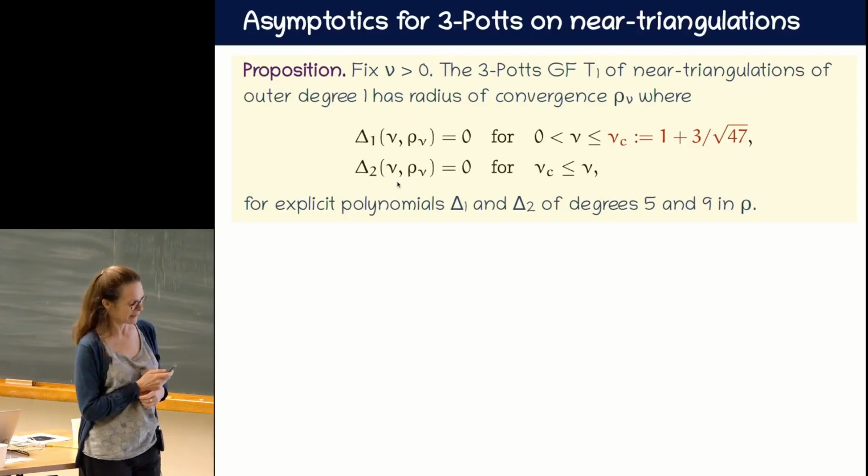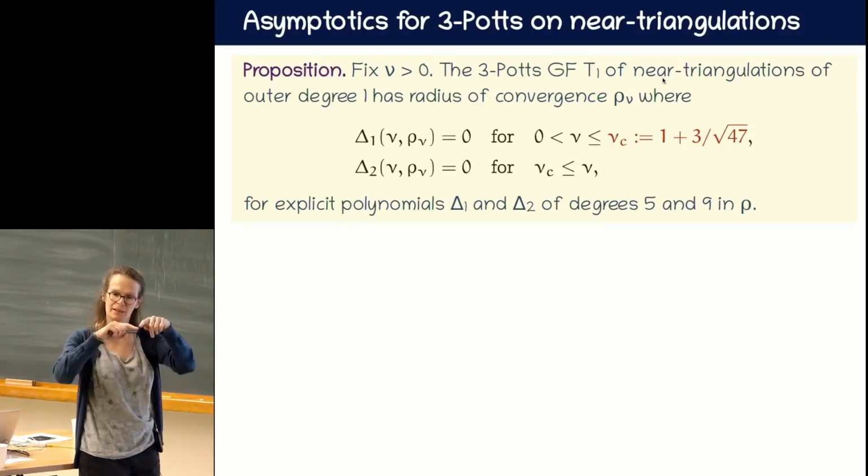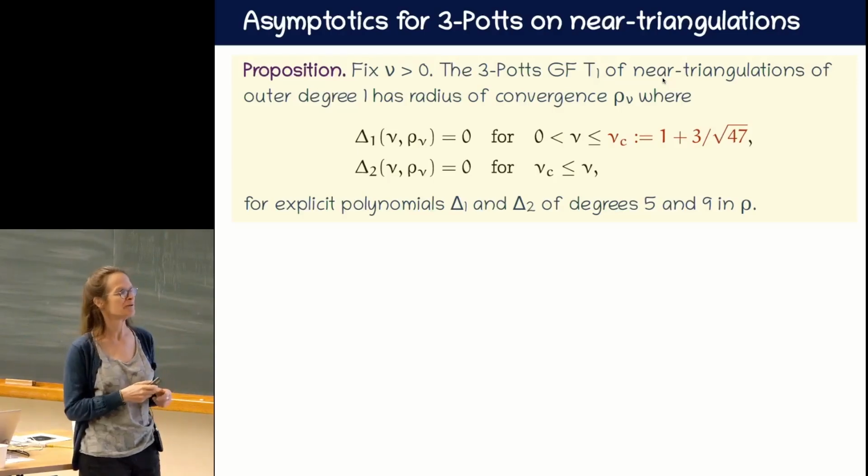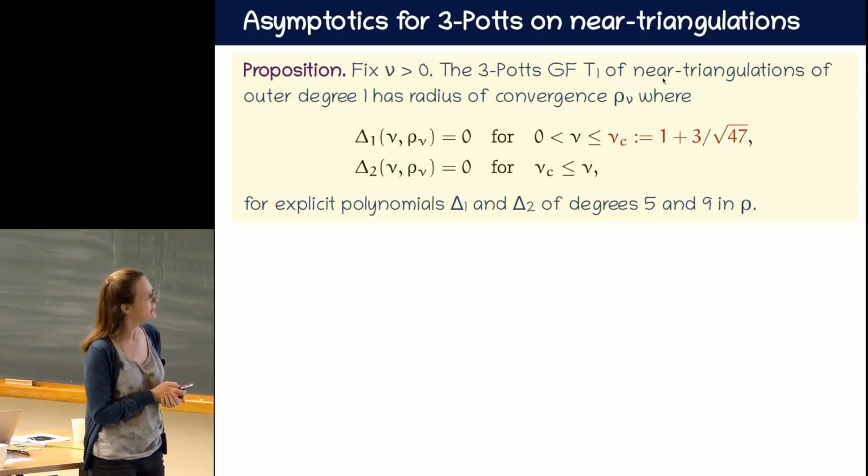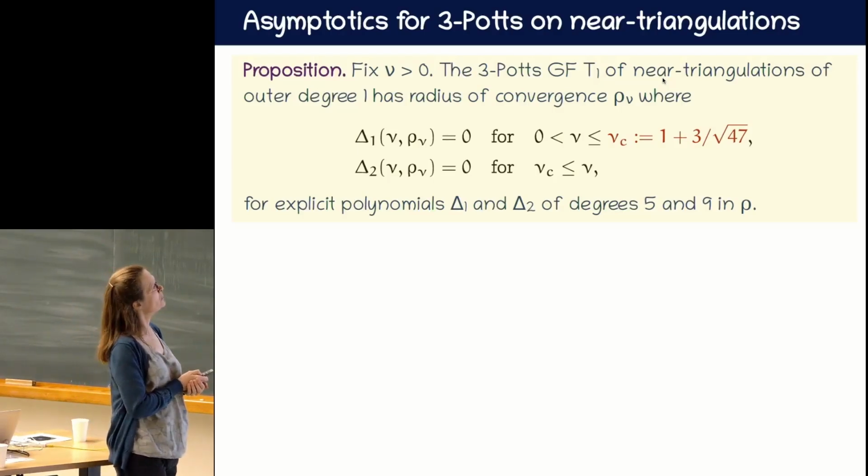So I want to say a few words about asymptotic aspects of our results. I get back to the series T1, counting near triangulations with an outer face of degree 1. And now I consider this nu, which weights monochromatic edges, as a positive parameter.